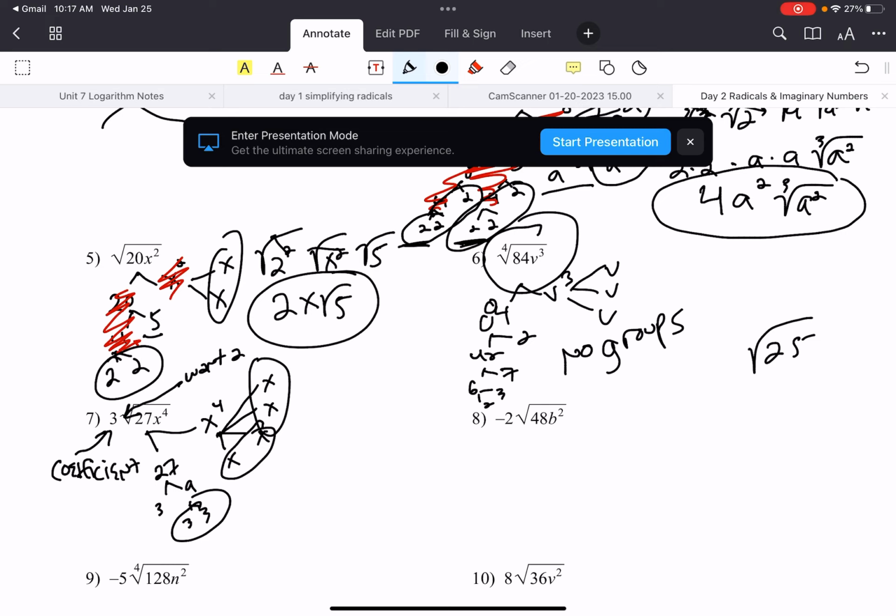Okay, so these are my groups, right? That 3 is my coefficient. That 3 is different. That 3 is my leftover. Okay, so here's how you're going to write it out. I want my coefficient times my groups.